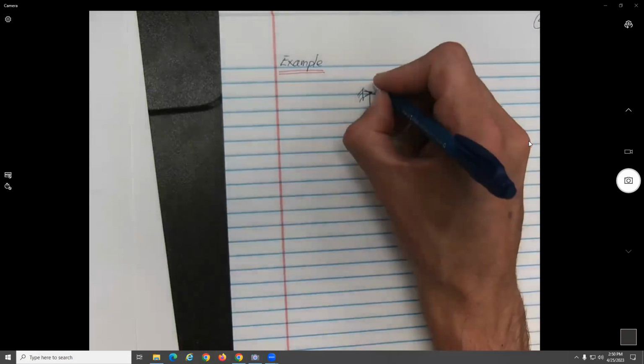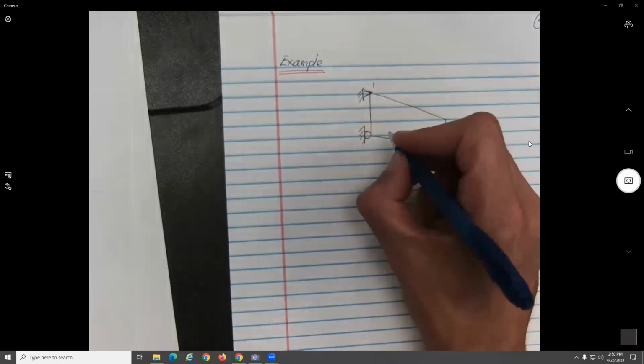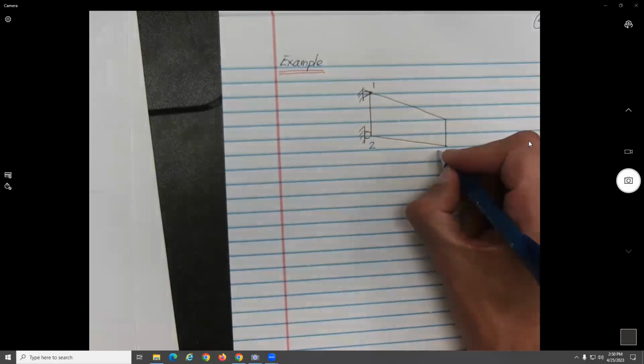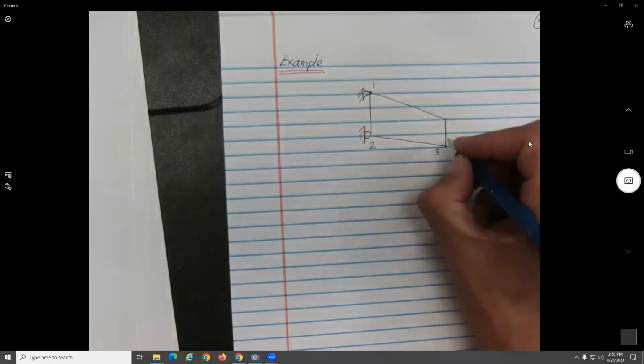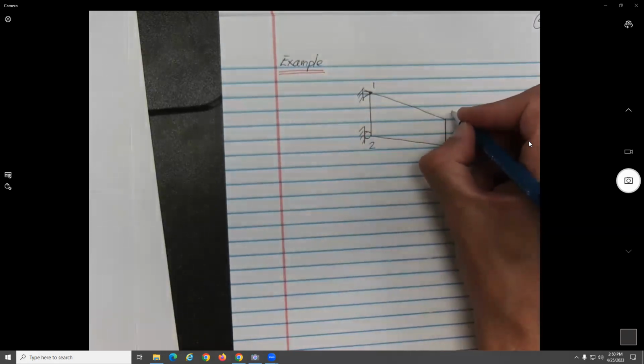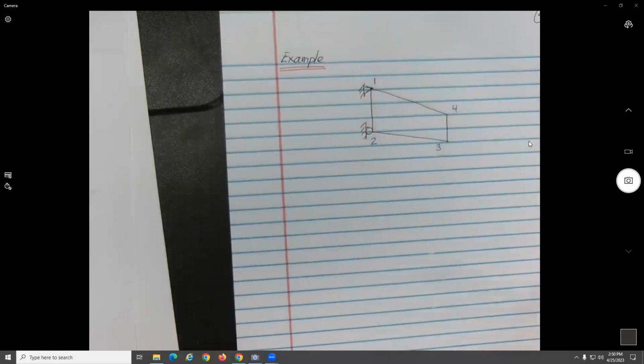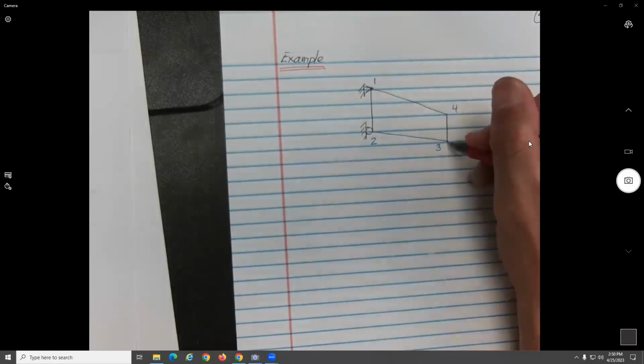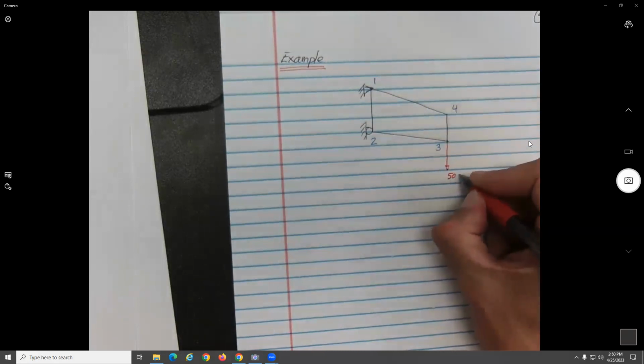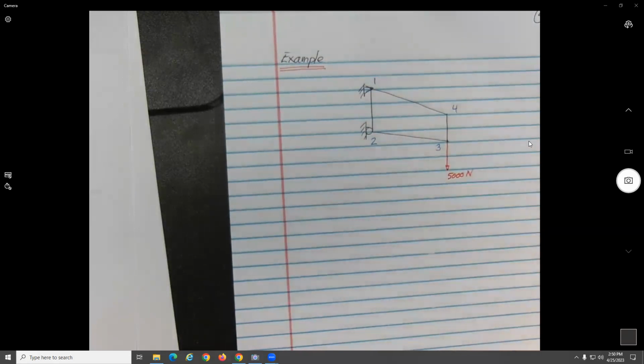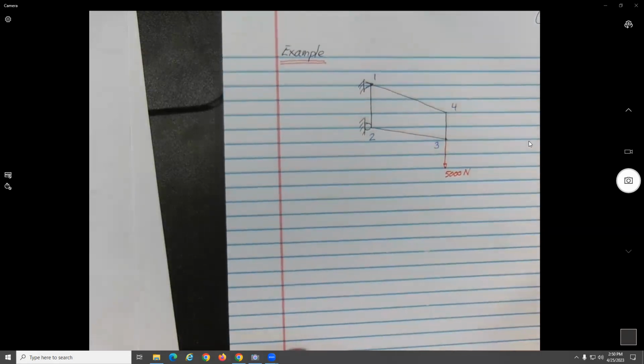Let's go with 1, 3, and 4. We have a force here of 5,000 newtons, but it could be any value, it doesn't matter.